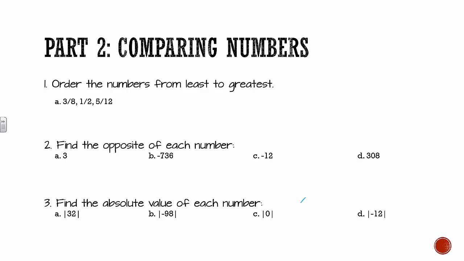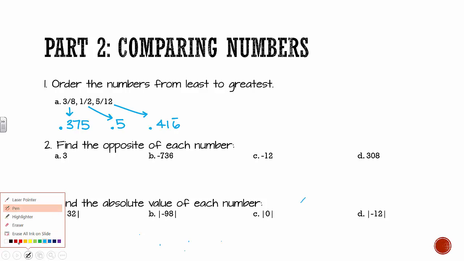So 3/8, 3 divided by 8 is really 0.375. Hopefully we don't need a calculator for this one. It's the same thing as 0.5. And then 5/12. That's really close to 0.5, but it's 0.416, and that 6 repeats forever and ever and ever. So now it's really easy to see who's the smallest and who's the biggest.